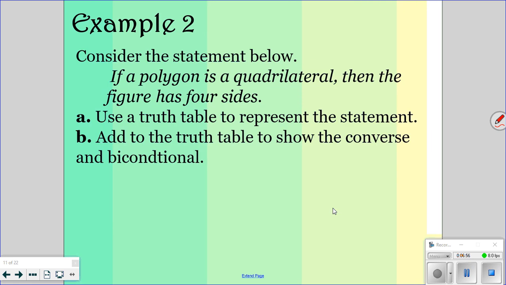So let's look here. If a polygon is a quadrilateral, then the figure has 4 sides. So we're going to use a truth table to represent this statement, and then we're going to add for the converse and the biconditional. So you're going to need to have 5 columns in total.